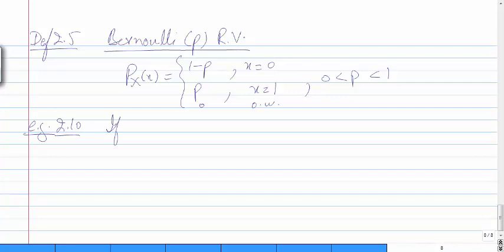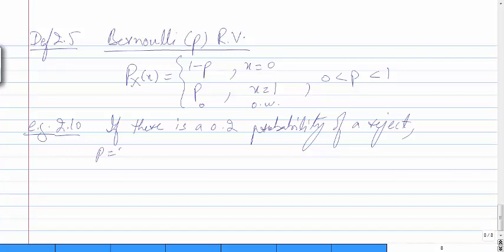The example says if there is a 0.2 probability of a reject, in that case this means that p is equal to 0.2. So we have P_X of x equal to 0.8 for x equal to 0, 0.2 for x equal to 1, and 0 otherwise.